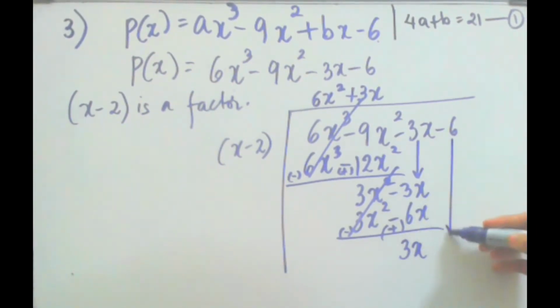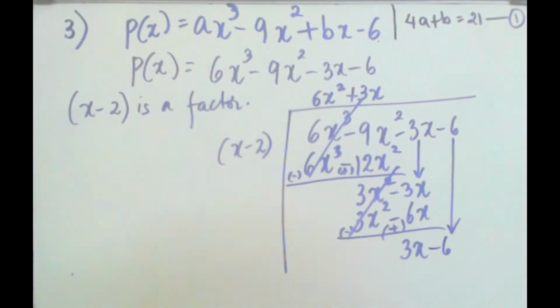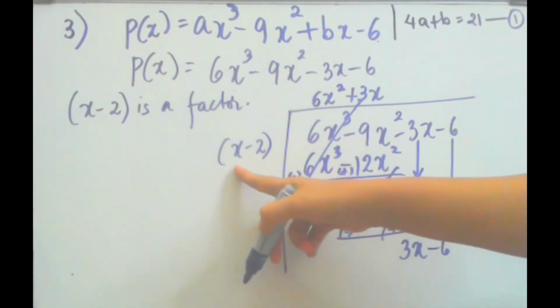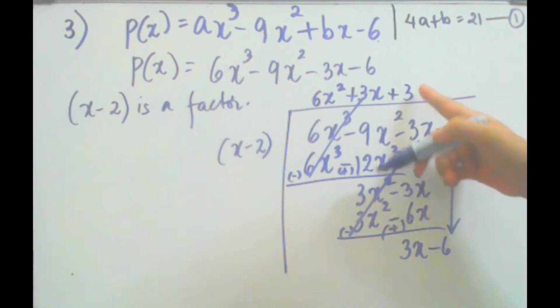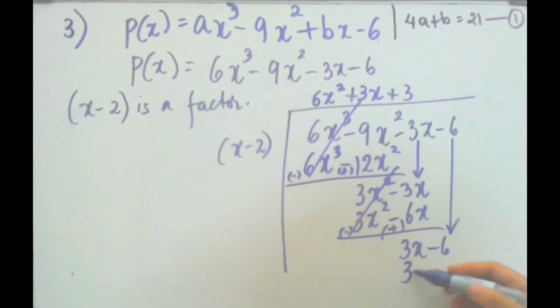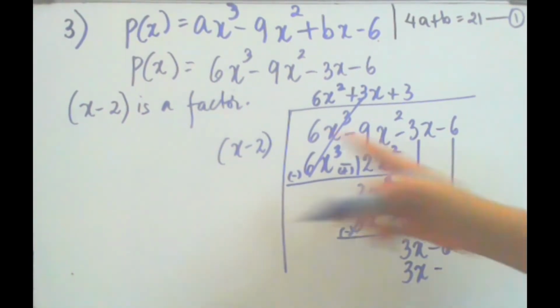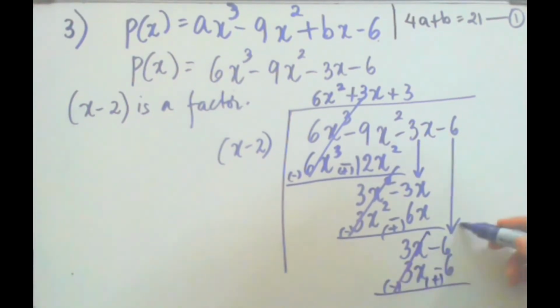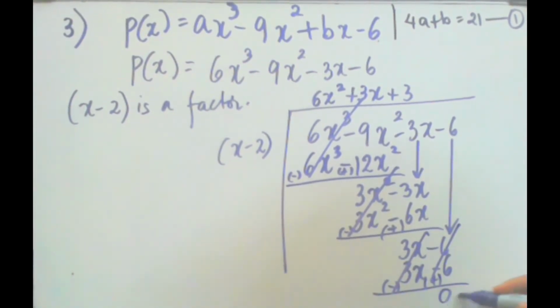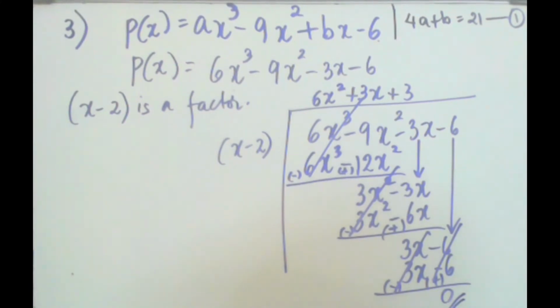Now it is time to bring down the last term, minus 6. So if I need 3x from x, I need to multiply by 3. So I'm going to write plus 3. So plus 3 into x, 3x, minus 2 into 3, minus 6. So I change the signs and I see that all the terms cancel each other, leaving behind a remainder of 0.